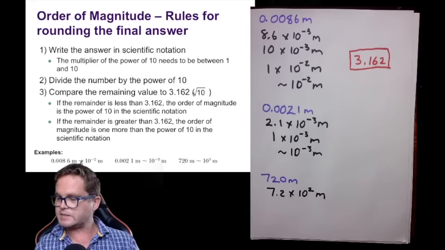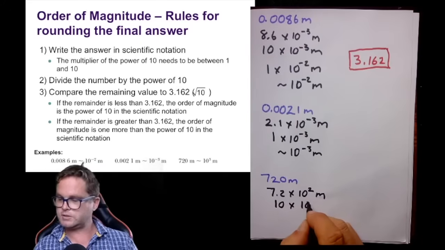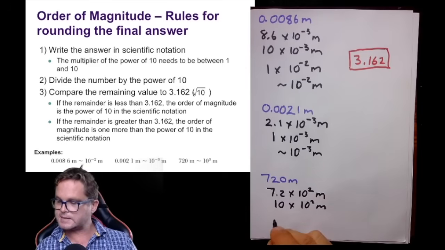So in this case, we're going to round this up to 10. And then we still have the 10 times 10 to the 2. And 10 times 10 to the 2 meters, that's the same as 10 to the power of 3 meters.